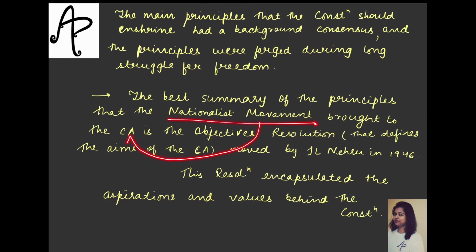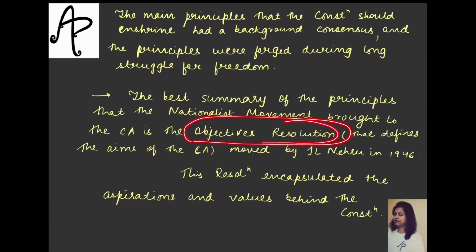They brought in the front of the Constituent Assembly a resolution, or you can say kind of an official proposal, which was called as objective resolution, which means we are proposing something which we consider as the objectives of the constitution, जैसे aim and objective बोलते हैं ना कि ये हमारा target है, ऐसा होना चाहिए, right? तो that objective resolution, that official document defined the aims of the Constituent Assembly, that this is how the Constituent Assembly wants to work, and this was moved by Jawaharlal Nehru in 1946.